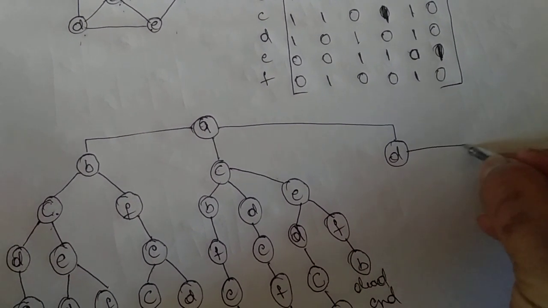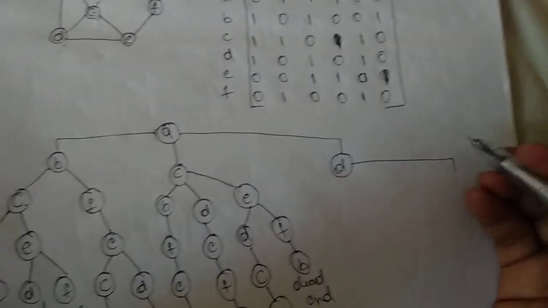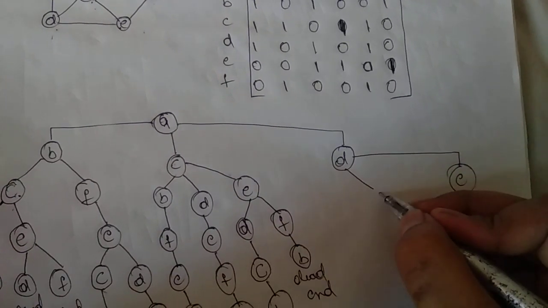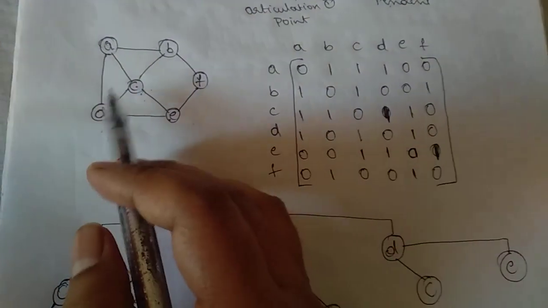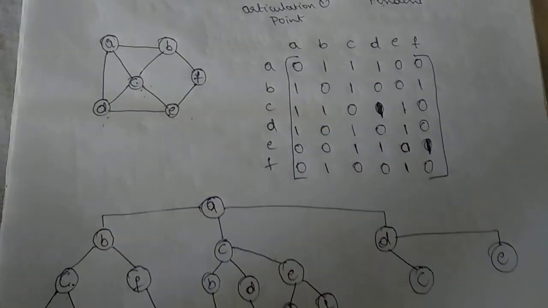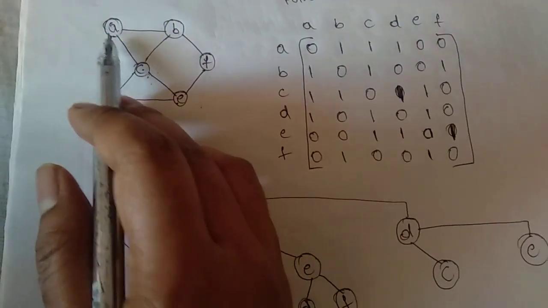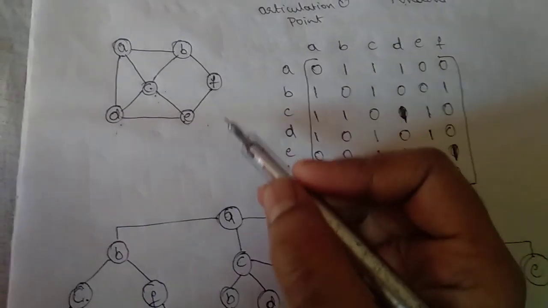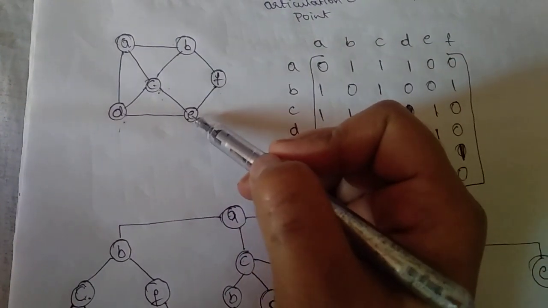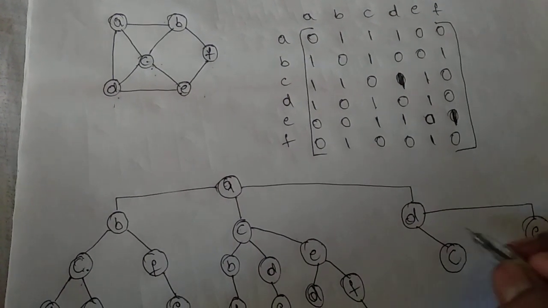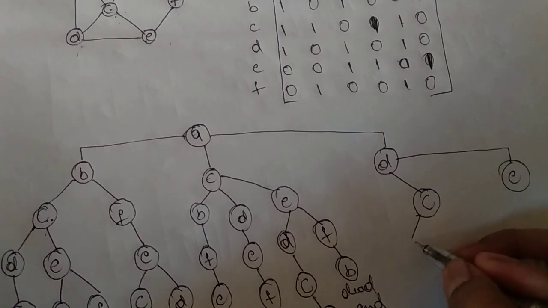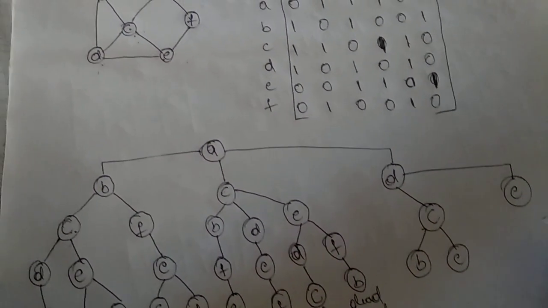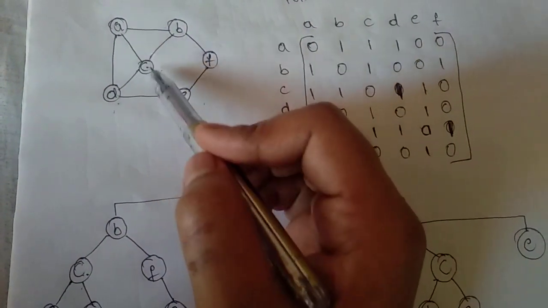From D, either to C or E. First I'll go with C. A to D, D to C. From C, where can you go? Either you can go to B or you can go to E. First I'll go with this one.